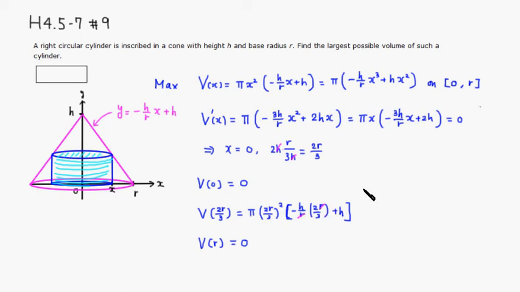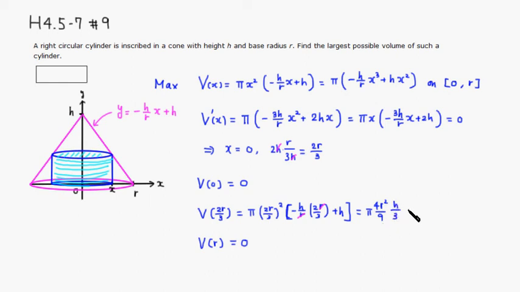You have pi, and if you square that, 4r squared over 3 squared is 9. And here you have negative 2/3 h plus h, so it's 1/3 h, so it's h over 3.